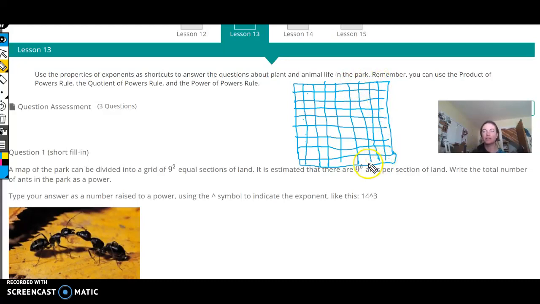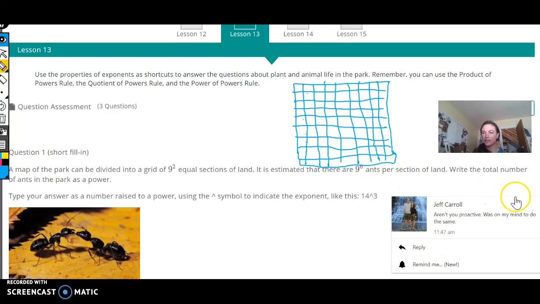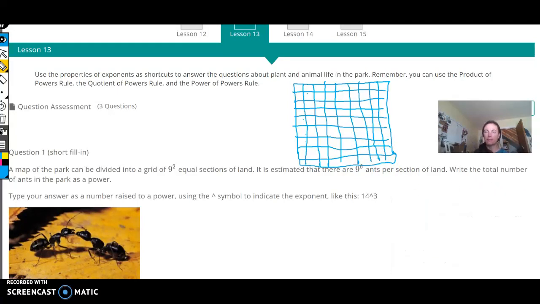Okay, so in every single one of these squares, we have got 9 to the 6th ants, okay?